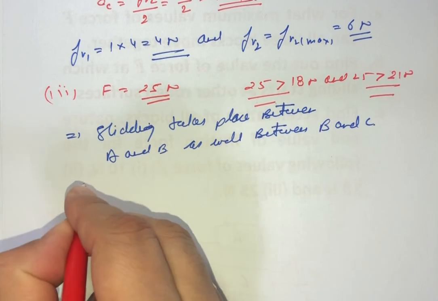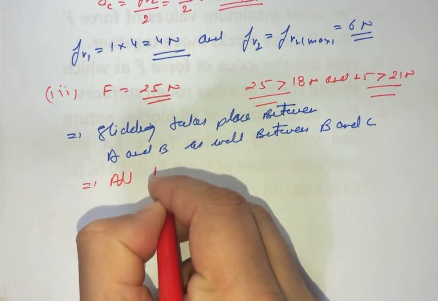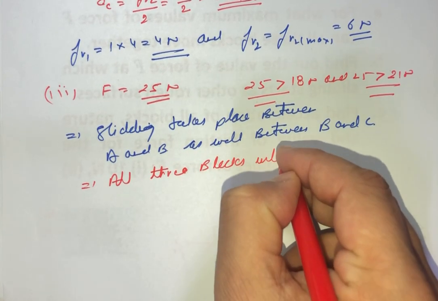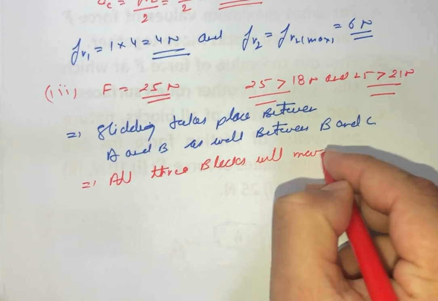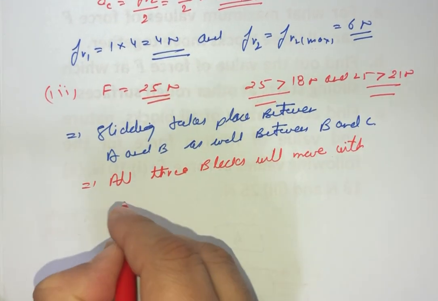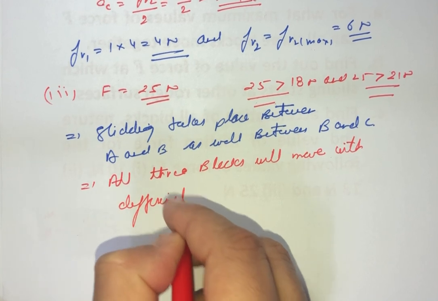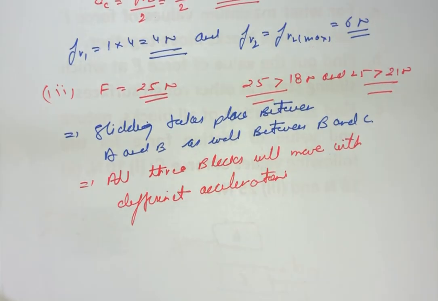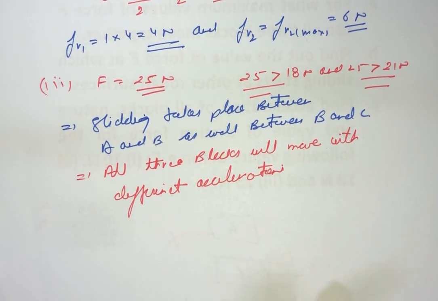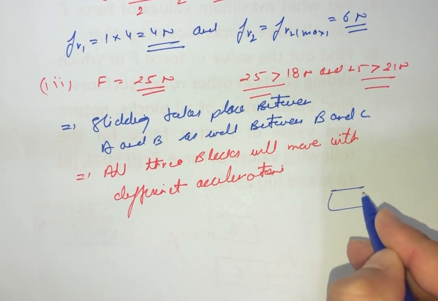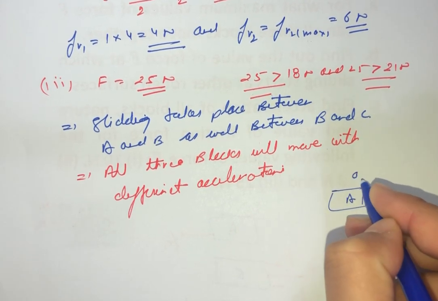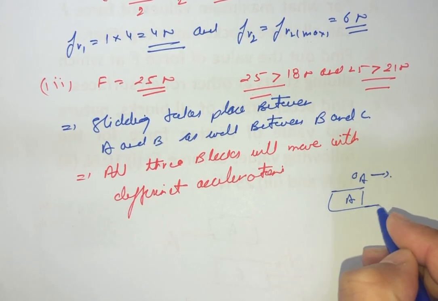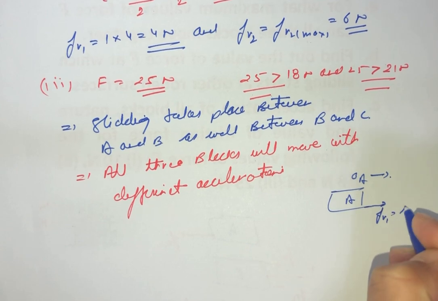It means all 3 blocks will move with different accelerations. So let us draw this. This is block A. Let us suppose it moves with acceleration A in this direction, and we have a frictional force Fr1, which will equal Fr1 max.